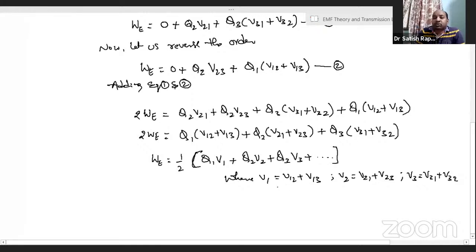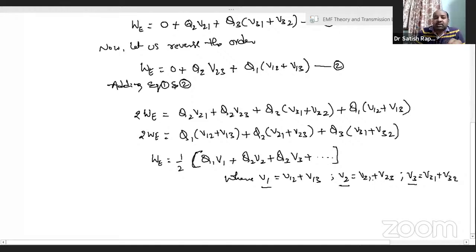So this is the total potential at point P1, this is the potential at point P2, and this is the potential at point P3 with respect to the other point charges.